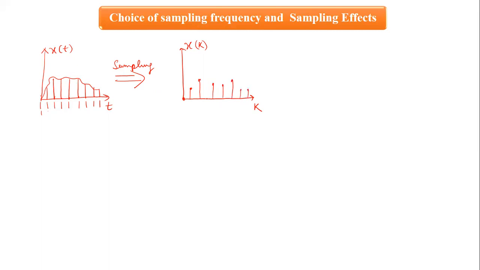One thing you must have noticed here is that when you have sampled the data, the information between two successive intervals is lost. Loss of information, right?